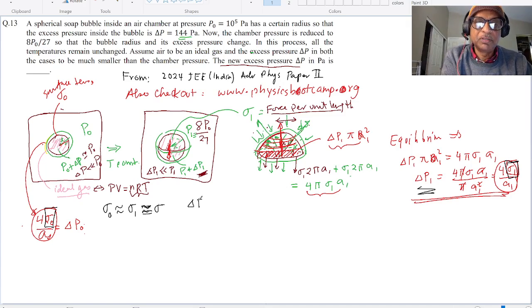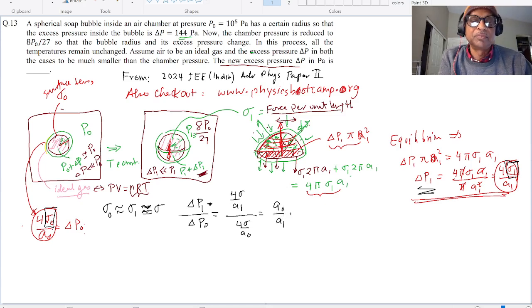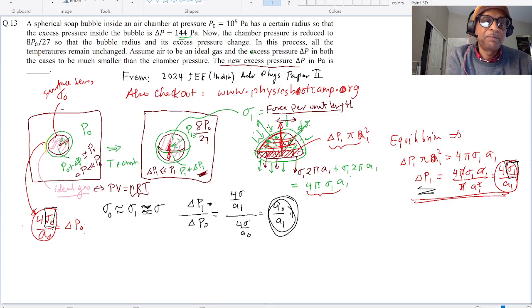If you take a ratio of delta P1 over delta P0, then I have 1 over a1 times 4 sigma over a0, so this is a0 over a1. So all I have to do is figure out this ratio, and I can figure that out by using the gas law.